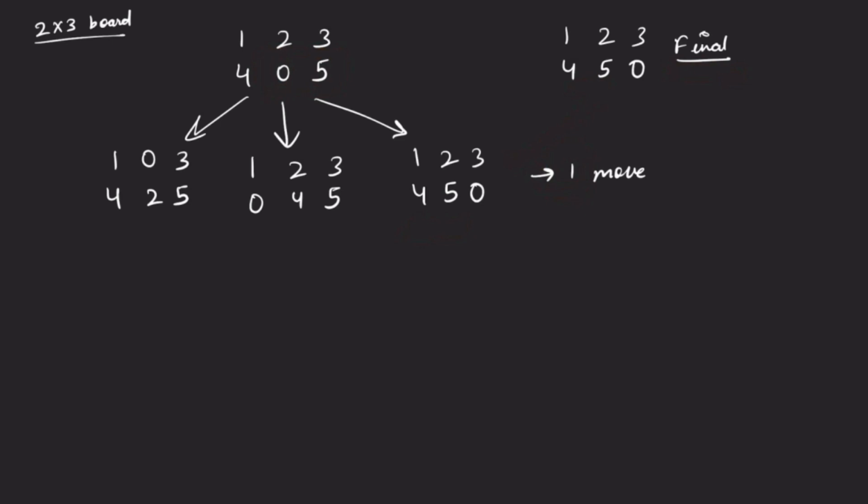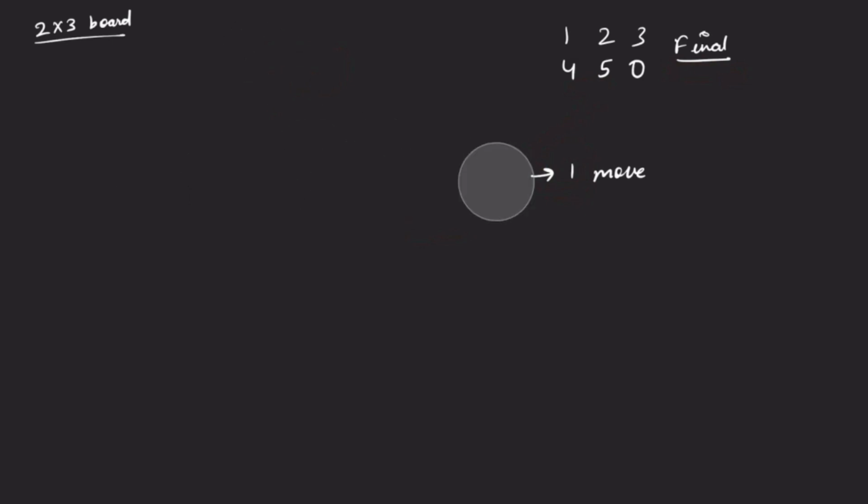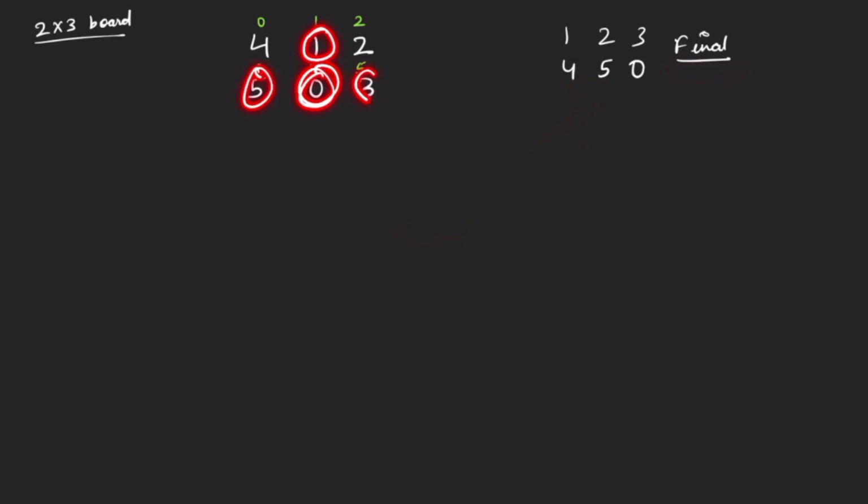Now let's take another example, the third example given to us in the sample test cases. So it is 4, 1, 2, 5, 0, 3. This is what is given to us. And if I write the indexes, it will be 0, 1, 2, 3, 4, 5. Now let's quickly try to identify the answer for this particular case. So this 0 can be swapped with 1, 5 and 3, right?